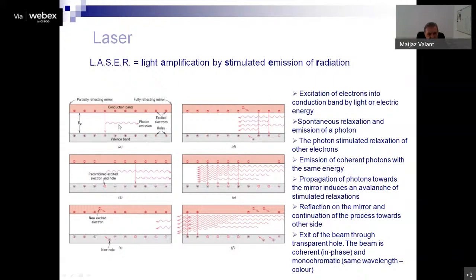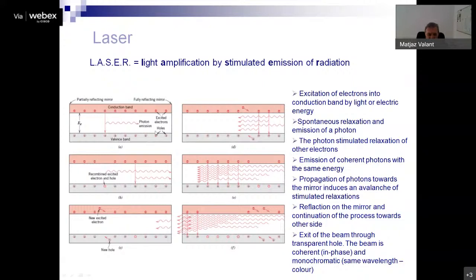This photon then travels along the slab of the crystal, and what happens? It spontaneously enables the relaxation of other excited electrons. And this relaxation is not coincidence, but it is in phase and with the same wavelength as that initial photon.